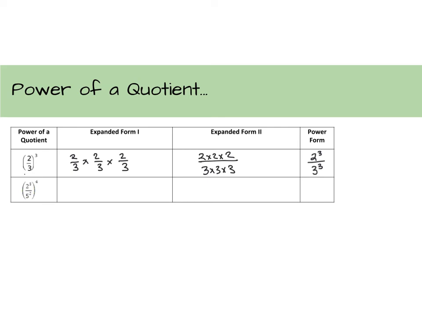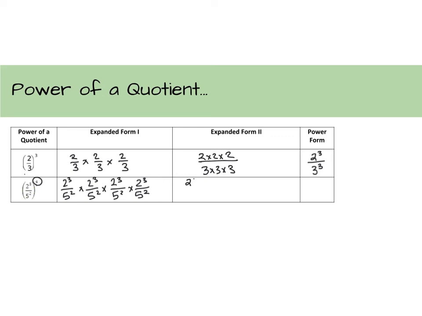For our next example, again, we're going to do exactly what it tells us. So we have (2 cubed over, or divided by, 5 squared) 4 times. So we'll start by writing the 2 cubed over 5 squared, and we have 4 of those. And next we'll put it in expanded form 2, where we simplify those.